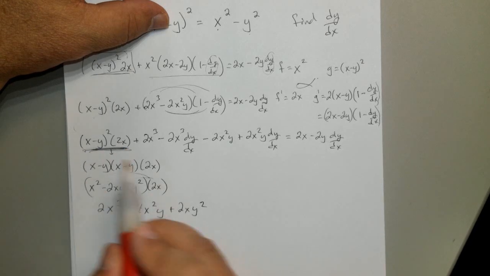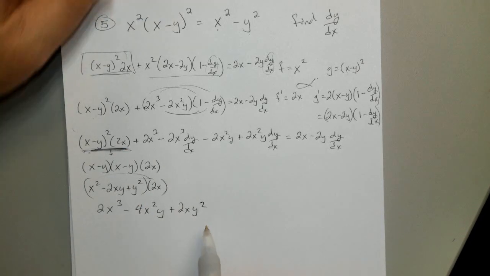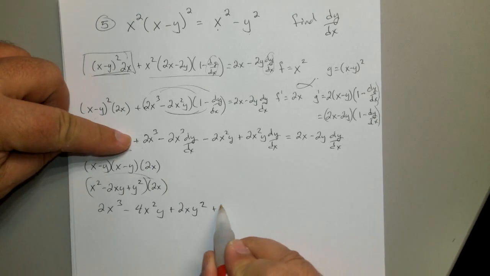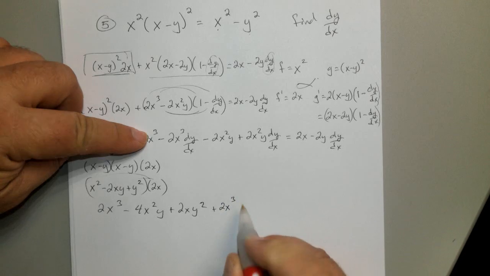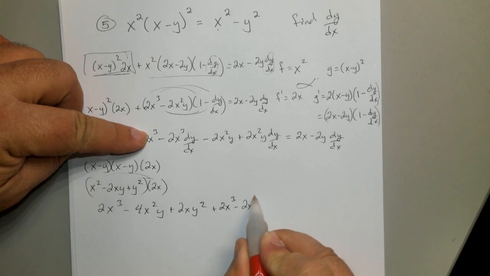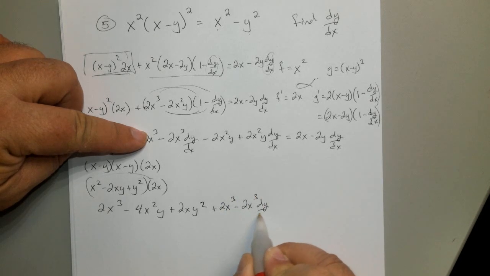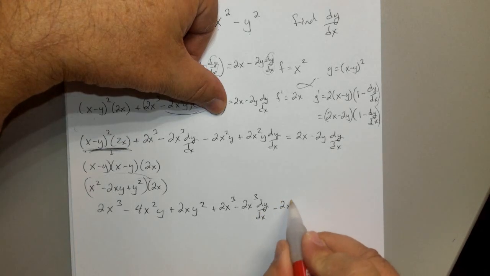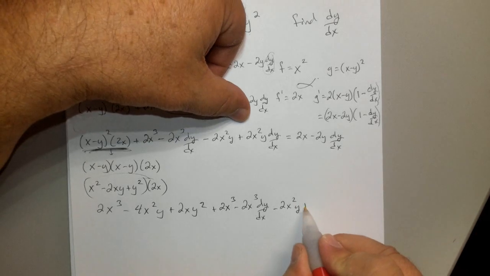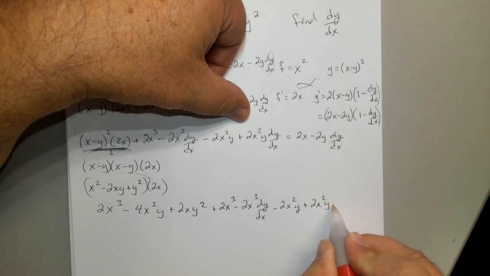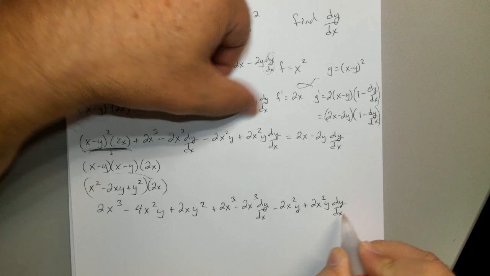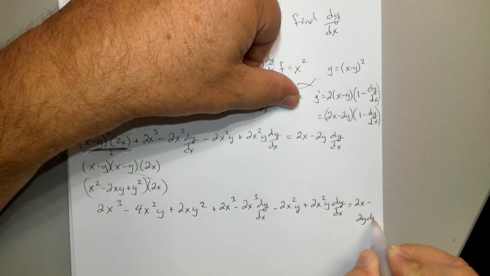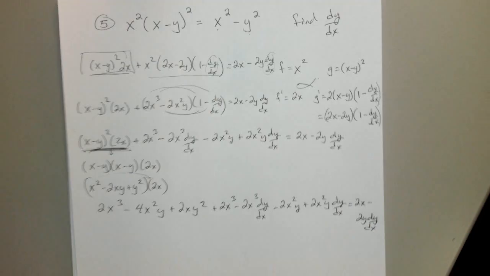That's just this first part right here. Plus 2x cubed dy/dx, 2x squared y dy/dx, 2x minus 2y dy/dx.